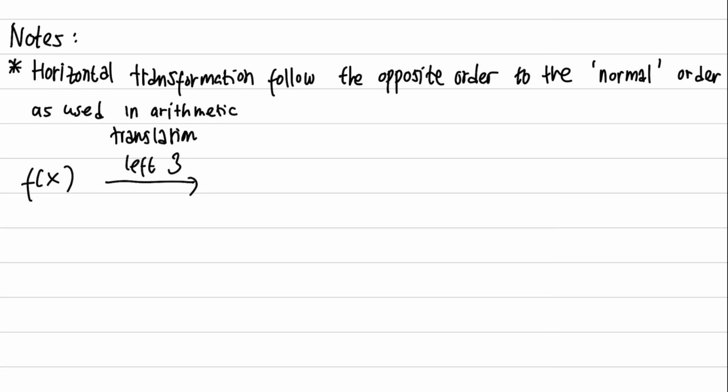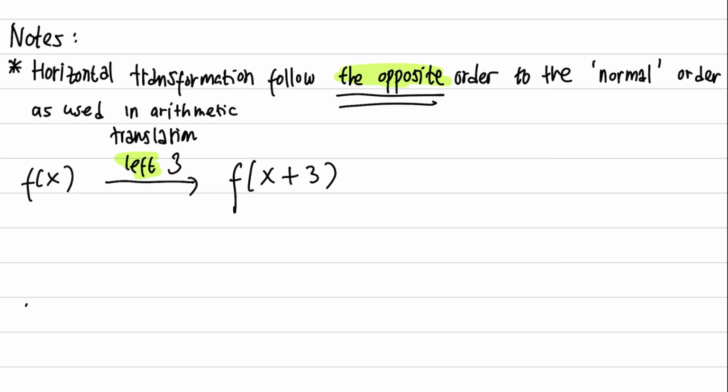The horizontal transformation means that when we move it to the left, it will follow the opposite order to the normal order as used in arithmetic. That means if it is horizontal, we replace the x. But maybe we think, oh, to the left is negative. But no, horizontal always follows the opposite. So it becomes plus 3. Usually we think negative as to the left, but horizontal always follows the opposite.